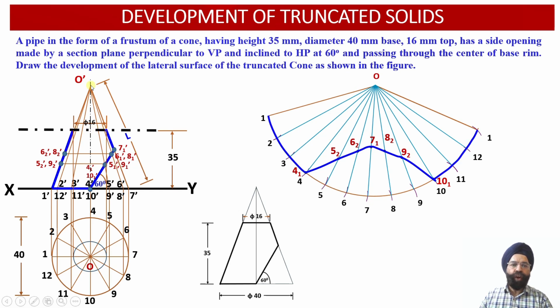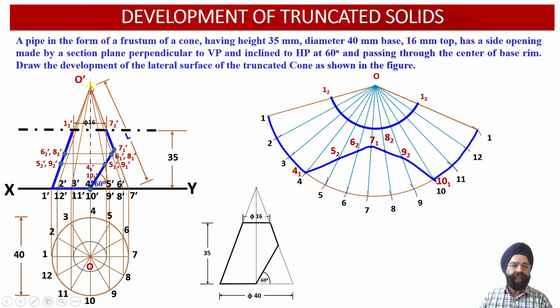Why? Now we will observe that this auxiliary inclined plane has intersected with the true length of the slant edge O-7 dash at the point 72 dash over here. And similarly, this auxiliary inclined plane corresponding to the frustum of this cone has intersected with the true length of the slant generator O-1 dash at the point 12 dash over here.